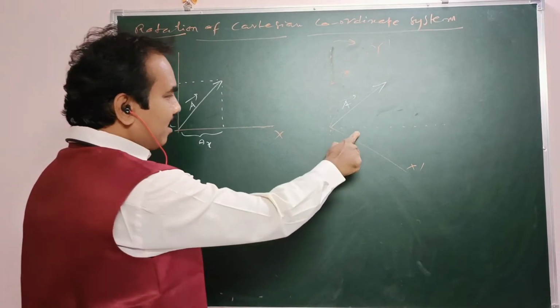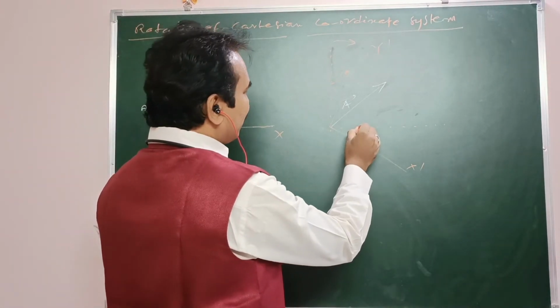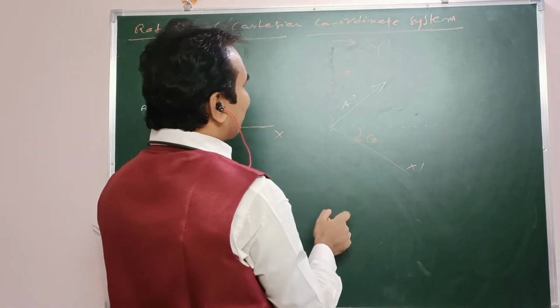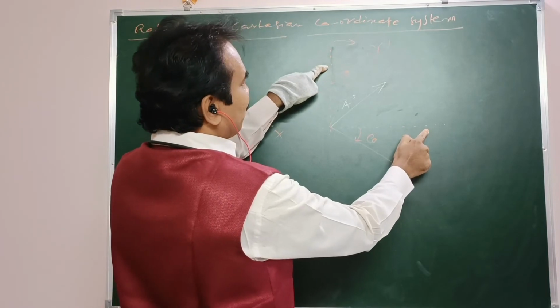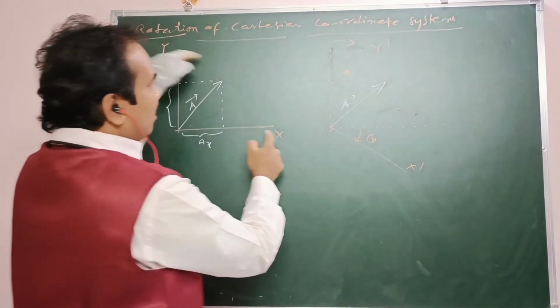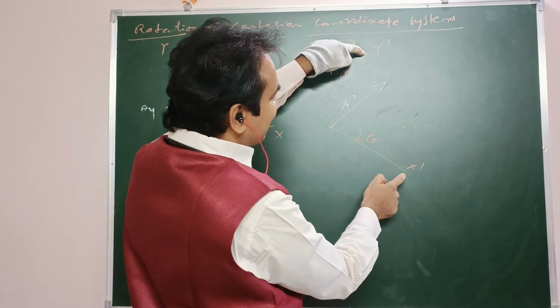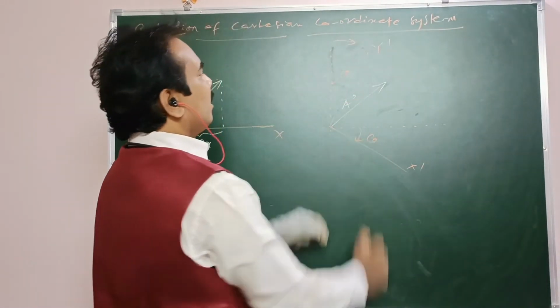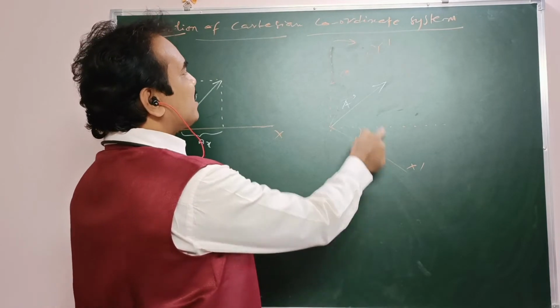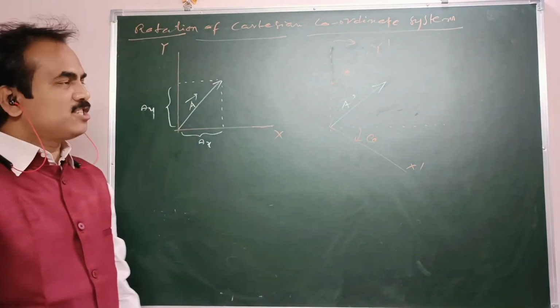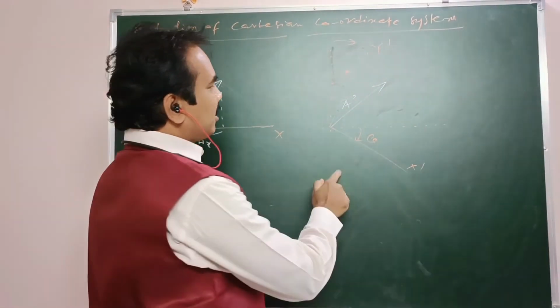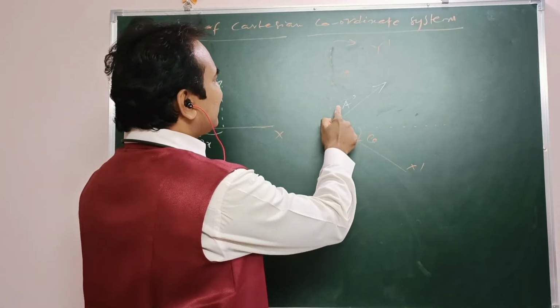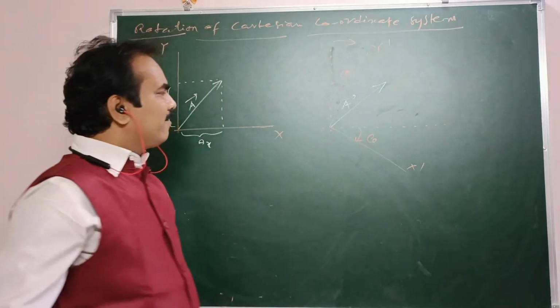What about this angle? This angle also is theta only. Why? Because these two are perpendicular to each other. The previous xy axes, and now the present xy axes also, must be perpendicular to each other. If it is theta, this must be theta, so that x dash and y dash are perpendicular to each other. Is there any change in the given vector a bar?